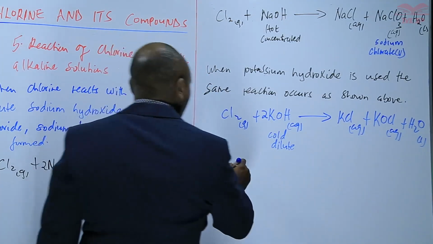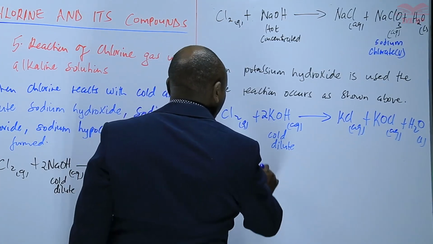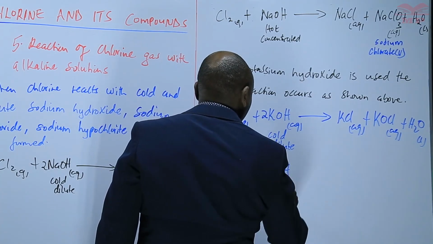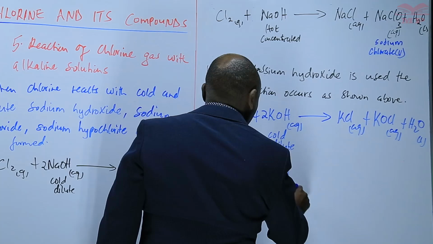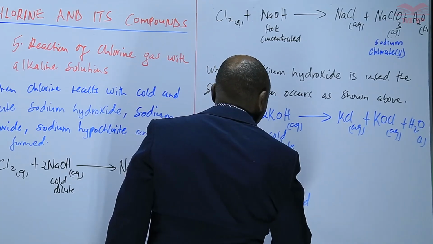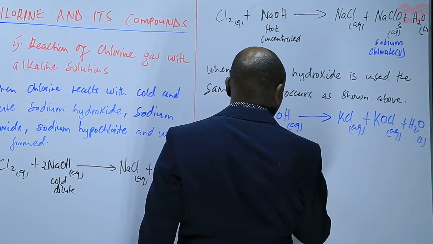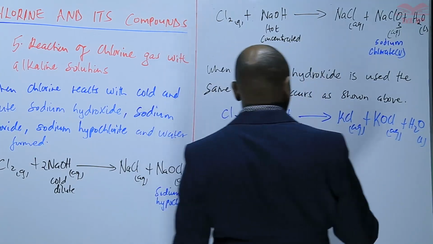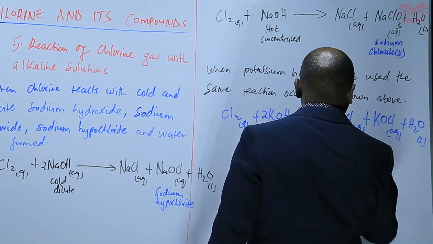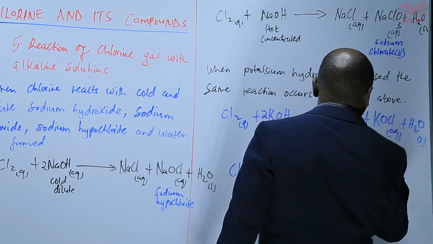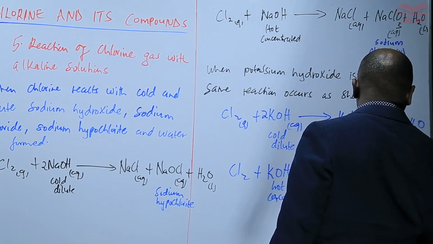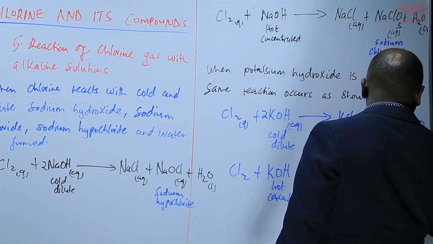And then on the same, if potassium hydroxide is hot and concentrated, then we'll have potassium chloride, potassium chlorate plus water.